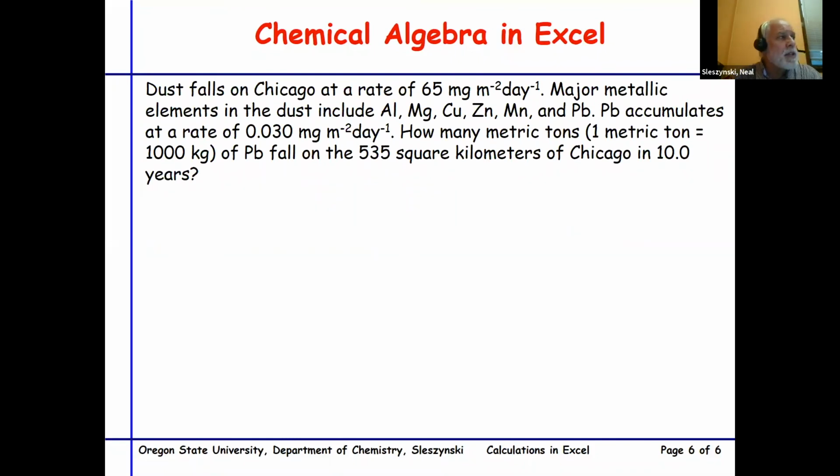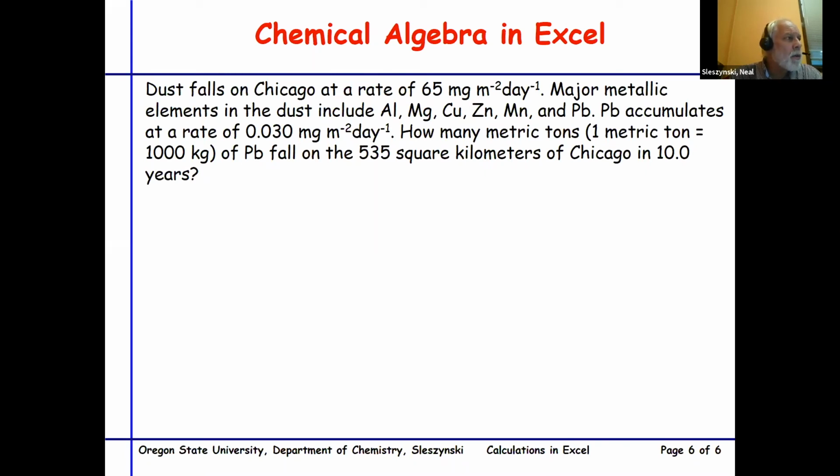The problem says that dust falls in Chicago at the rate of 65 milligrams per meter squared per day. Major metallic elements in the dust include aluminum, magnesium, copper, zinc, manganese, and lead. Lead, of course, is a neurotoxin, and exposure to lead, especially among young children, can create lifelong learning disabilities.